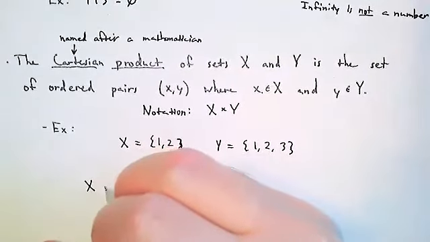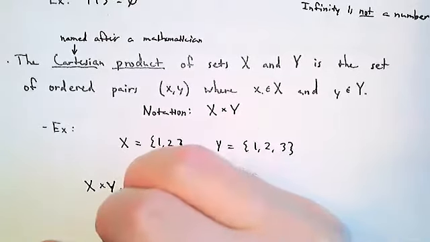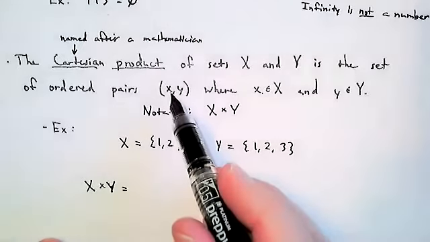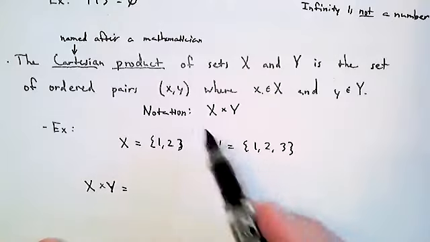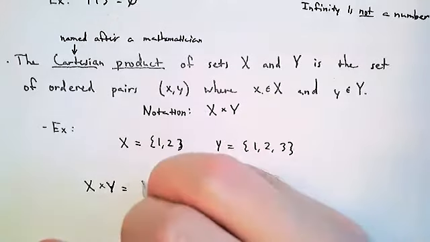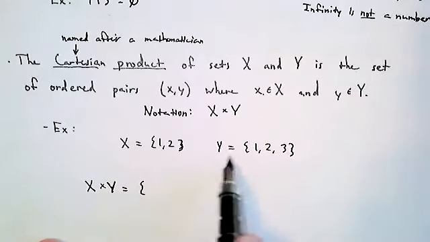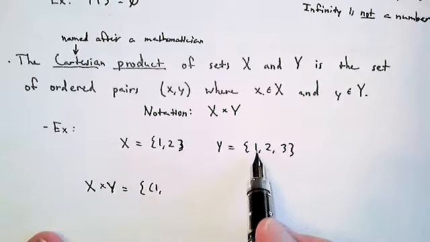If I look at the Cartesian product of X and Y, I want to find all the ordered pairs where the first thing in my ordered pair comes from X and the second one comes from Y. So it's a set, and then I could have (1, 1).